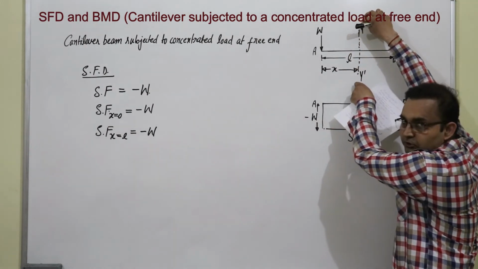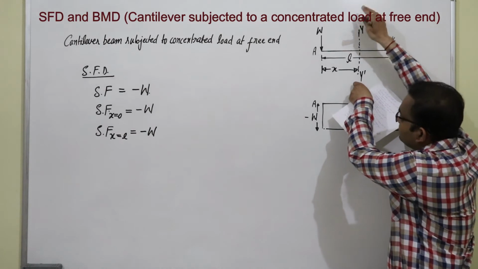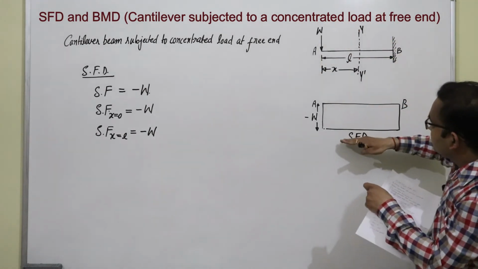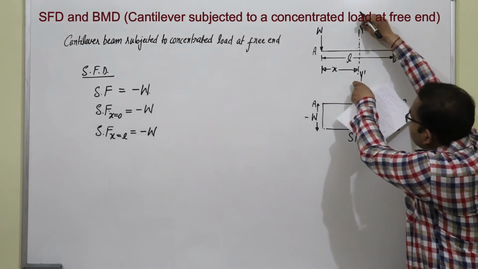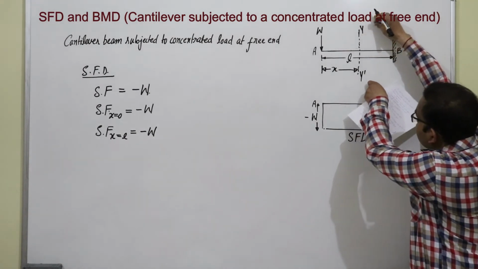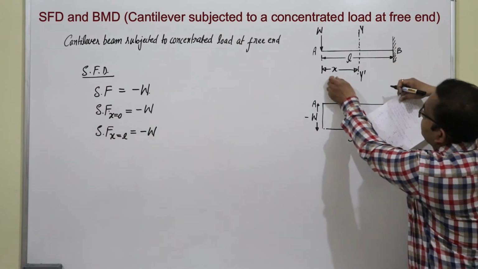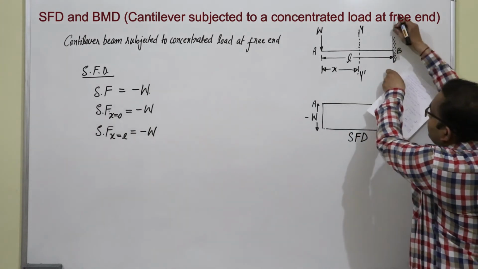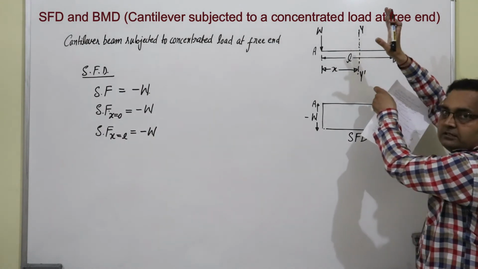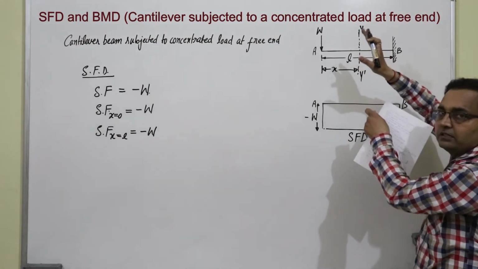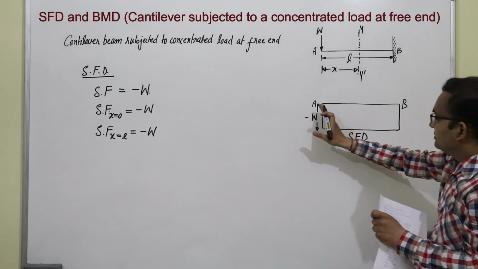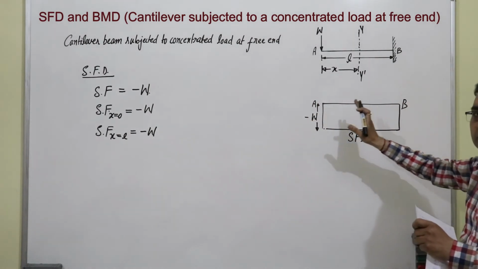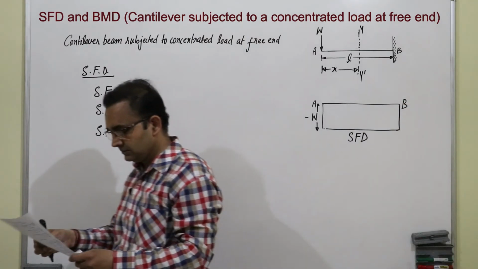If it is at this position, at that time at the left side force is minus W. When this section slides to this position, x will increase and it will become L. So, at the left of this there is only one force, which is minus W. So, force is constant over the entire length.